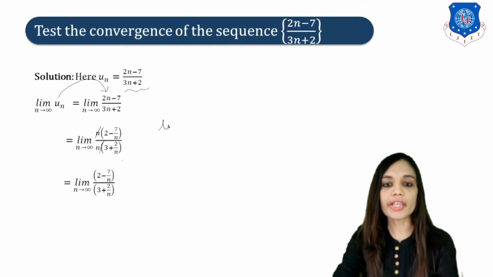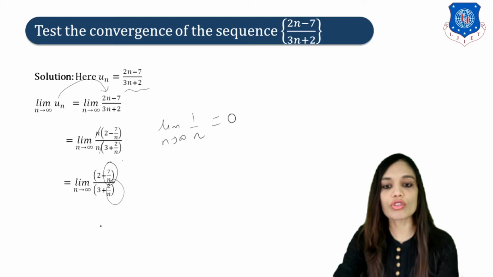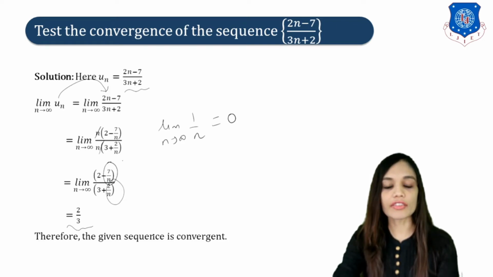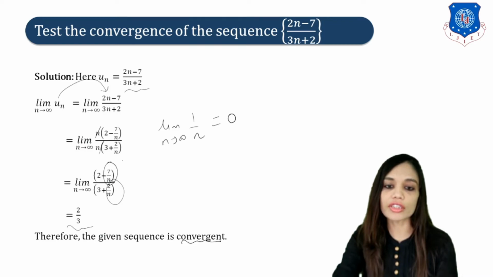Now we know limit n tends to infinity 1/n will be equal to 0. So this will go to 0, this also will go to 0. So finally you will get the answer as 2/3, and this is a finite value. So we can say that the given sequence is convergent.